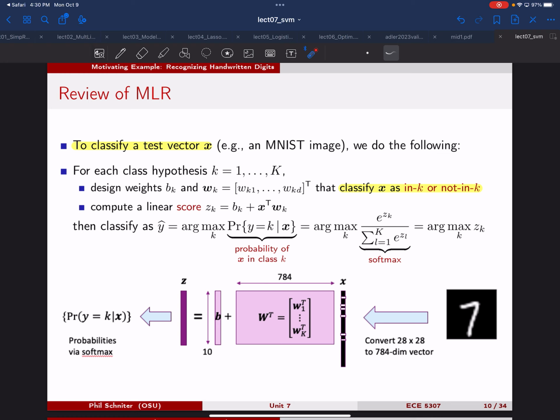And so what we do in all linear regression schemes is that using this feature vector X and the coefficients for the kth binary classifier here, we compute these binary scores. We call them Z_k. So these are the Z_k's. And the way that we use these in logistic regression or multinomial logistic regression is that these things told us the probability of a particular model.